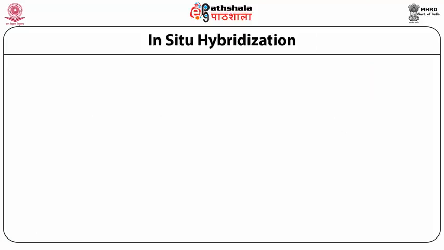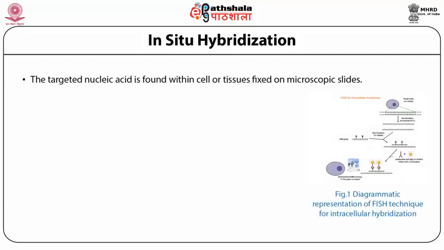In situ hybridization. This involves hybridization in the cell itself. So the target nucleic acid is found within the cell or tissue fixed onto microscopic slides. Thus, this method will indicate the intracellular localization of a gene expression in a cell.